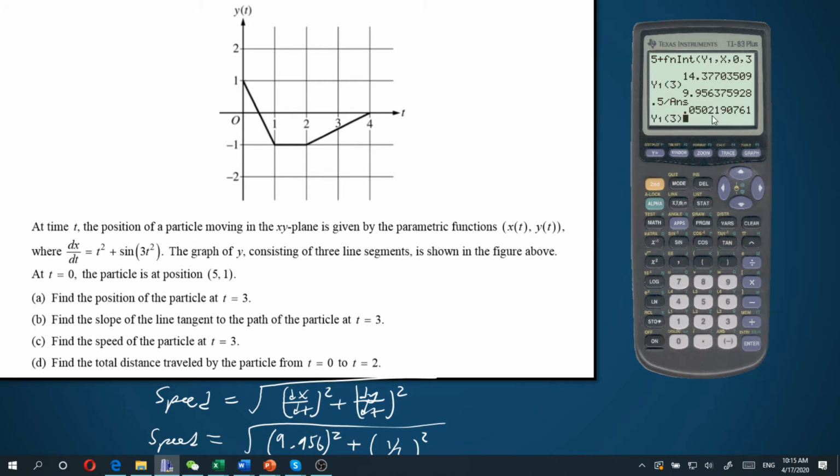Okay, so this is our horizontal velocity at 3 squared, plus our vertical velocity at 3 squared, and then underneath the square root gives us 9.969.